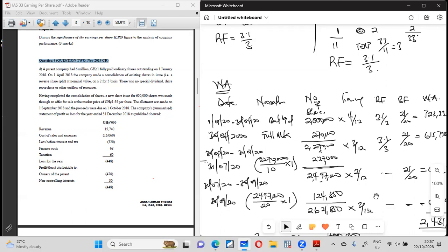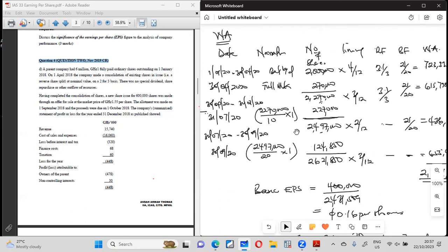So I'm saying that per this question, the right issue came before the bonus issue. So if the bonus issue had come first, we wouldn't have applied the bonus fraction. We would have only applied the right fraction.